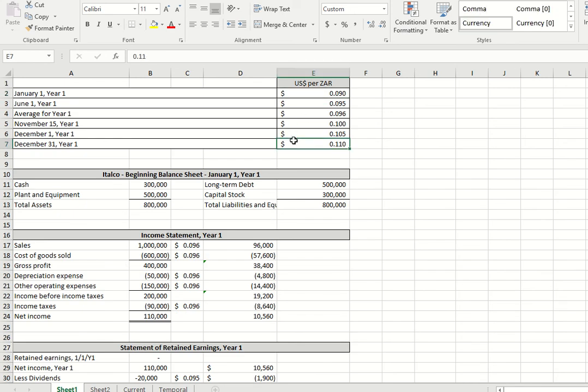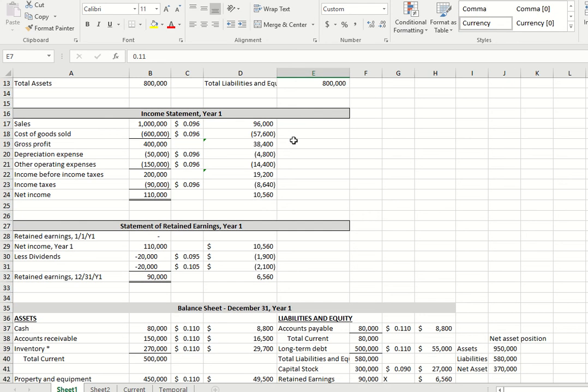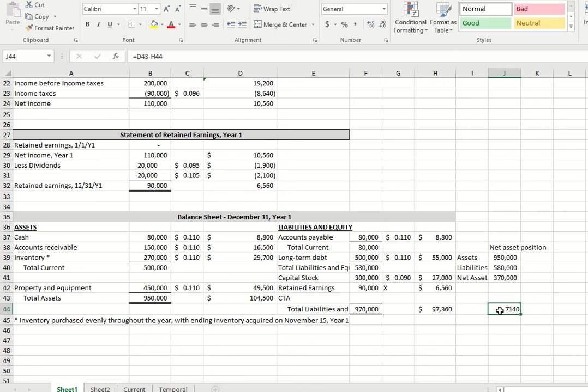The rate increased over time, so it should be a positive translation adjustment, and it does look like a positive translation adjustment, so my methodology seems okay there. I would adjust that cumulative translation adjustment and be in balance here. Make sure assets equal liabilities plus owner's equity. So that's the solution we're looking for with the current method.